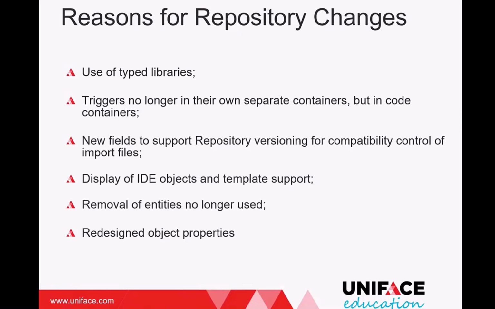Something we've also done is a cleanup, so we've removed entities that are no longer used. This might seem strange as to how can we remove stuff, because a lot of it seems essential, but one of the big changes in version 10 is that we no longer support classic deployment. It's impossible. We deprecated it in version 9, we said it's not going to be there moving forward, and we have got rid of it.